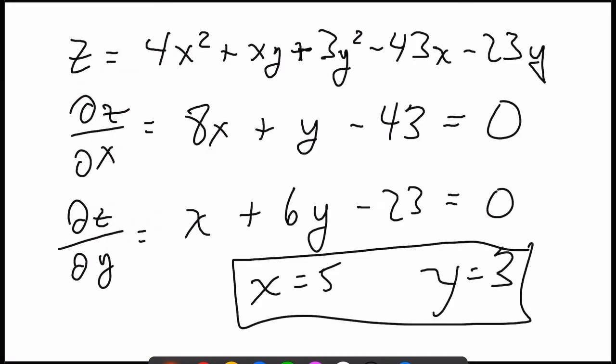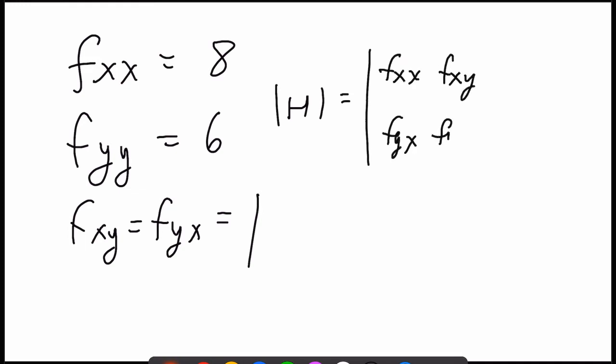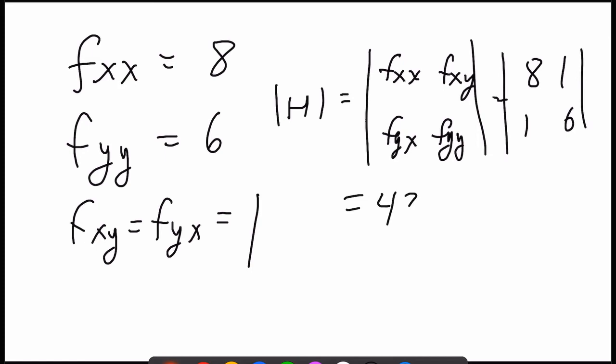And in each case, that cross partial is just going to be 1. So we're going to have a Hessian. And our Hessian is going to be, again, fxx, fxy, fyx, fyy, which is 8, 6, 1, and 1, which is 48 minus 1 is 47.